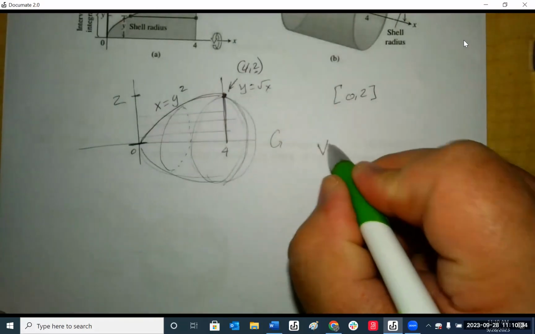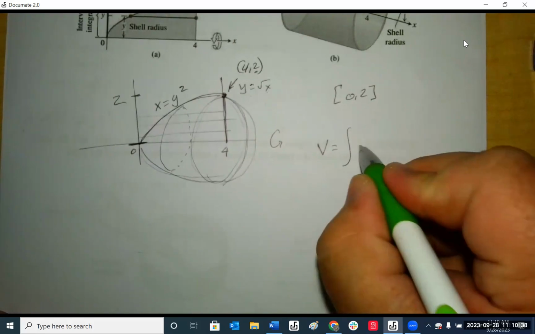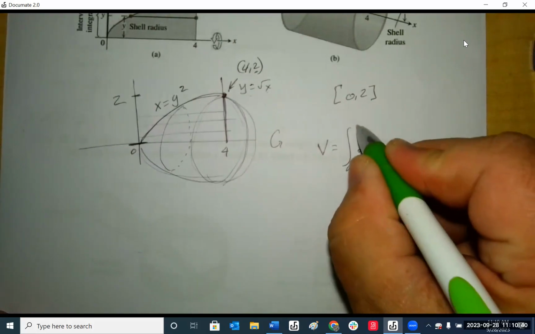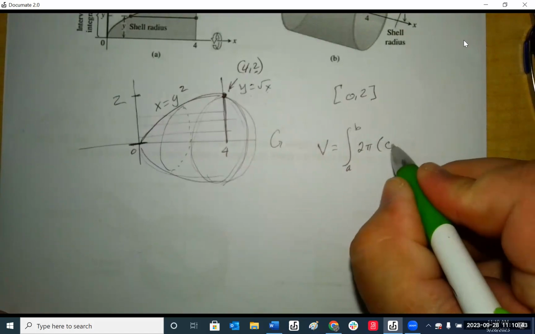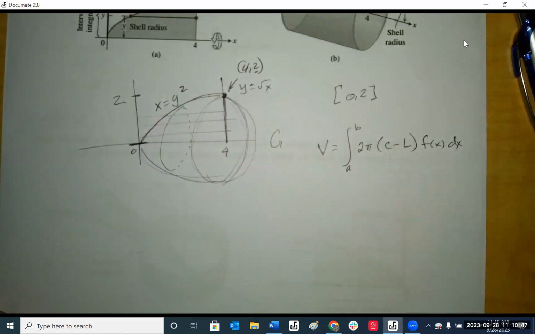Actually, let's look at what we had earlier. We had 2 pi, integral from a to b of (c minus L) f of x dx.